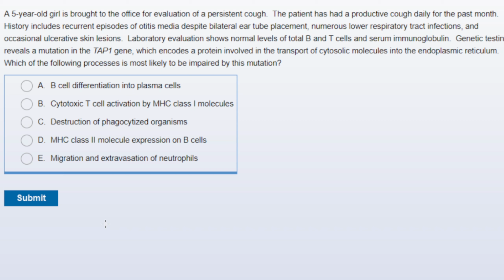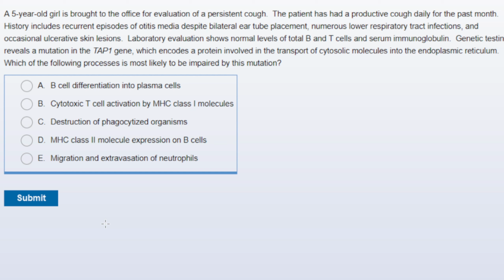Laboratory evaluation showed normal levels of total B and T cells and serum immunoglobulin. Genetic testing revealed a mutation in the TAP1 gene, which encodes a protein involved in the transport of cytosolic molecules into the endoplasmic reticulum.